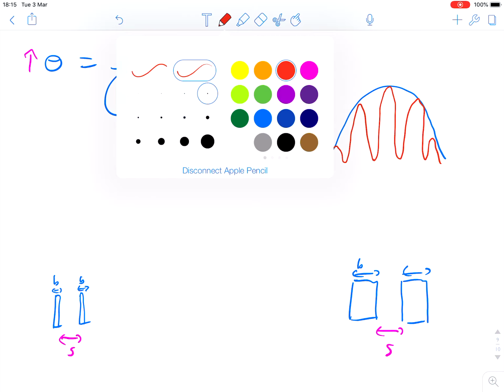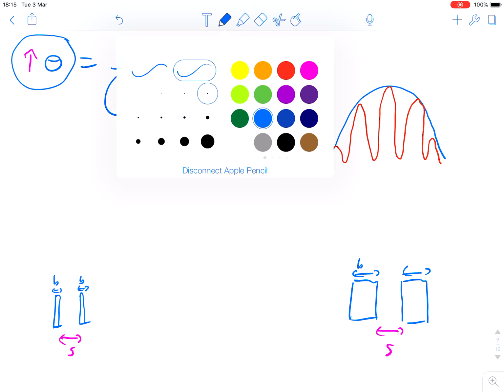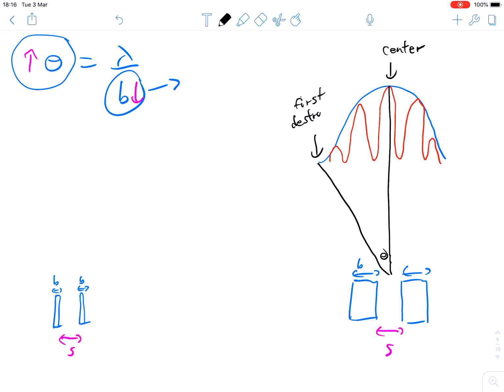To really understand what this angle theta increasing is, it's looking at this particular angle right here, the angle from the absolute center to the first destructive interference, and it's only looking at half of that entire pattern.